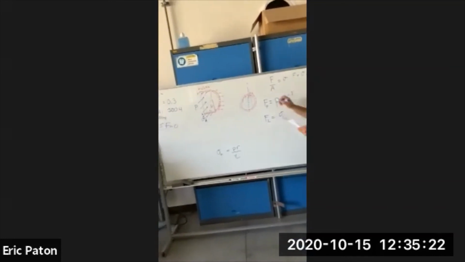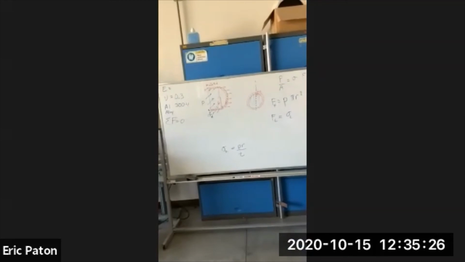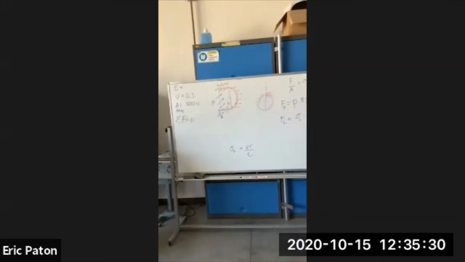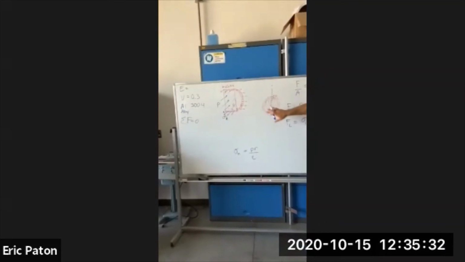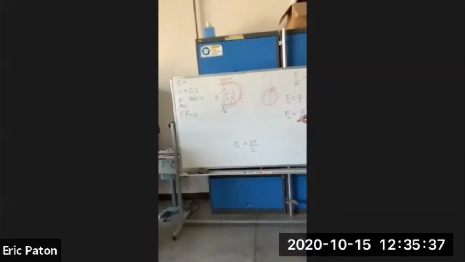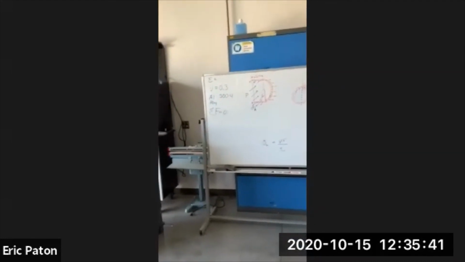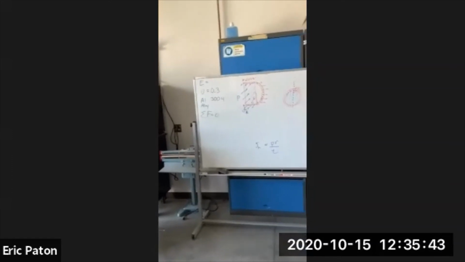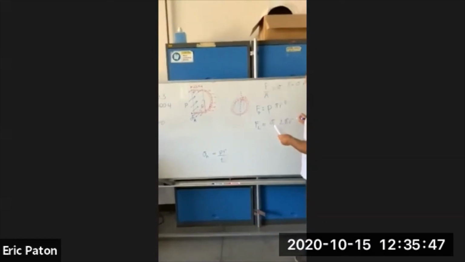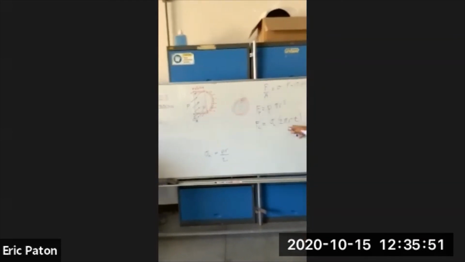So now we want to look at the area of just the slice through the pipe or cylinder, whatever you want to call it. So that's just the circumference times the thickness. The circumference is 2 pi r. Multiply that by t. So this is going to be our area right here.